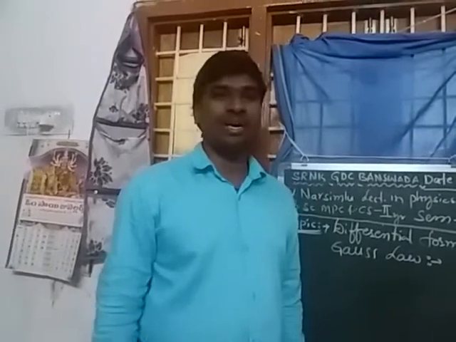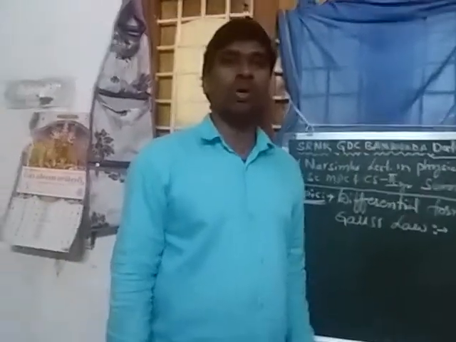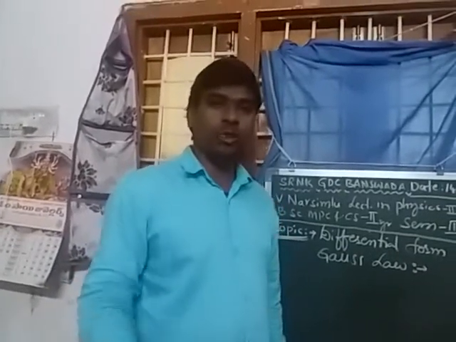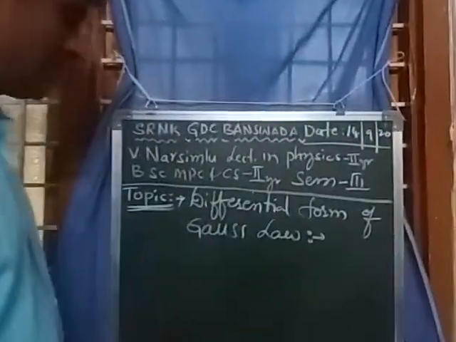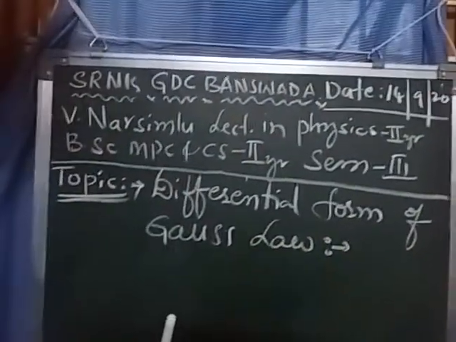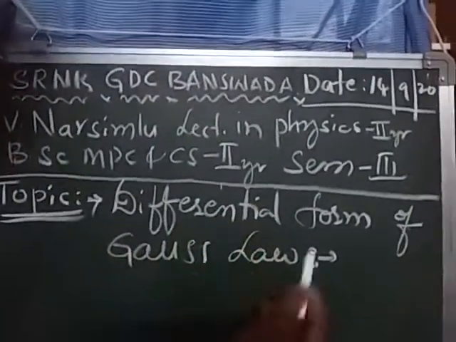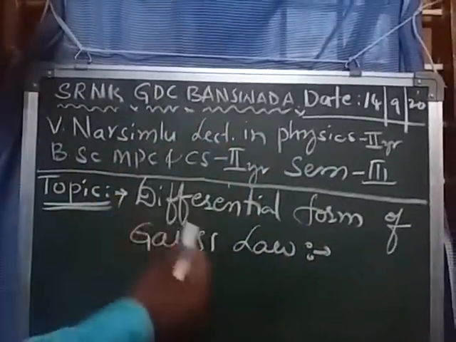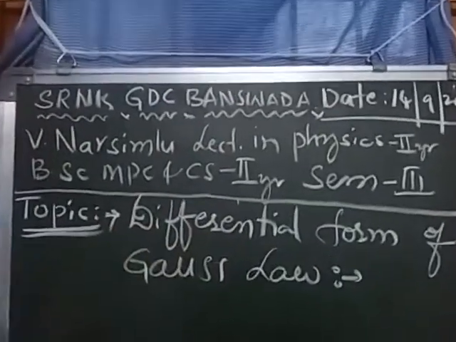So, students, according to that Gauss law, today we are going to learn about the differential form of Gauss law. Today we are discussing and deriving the equation of it.